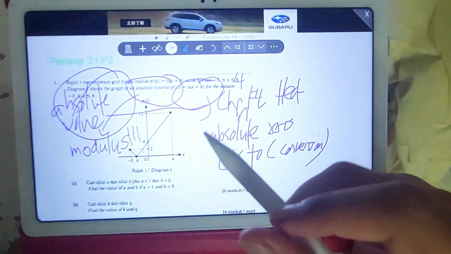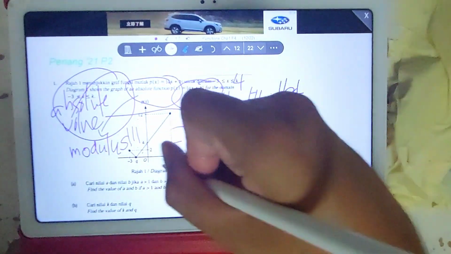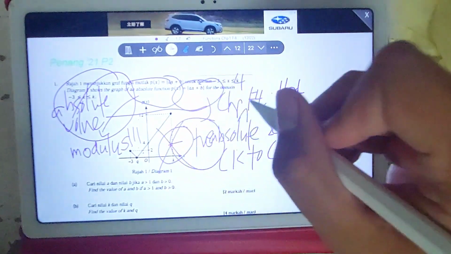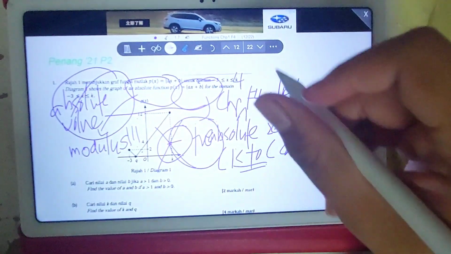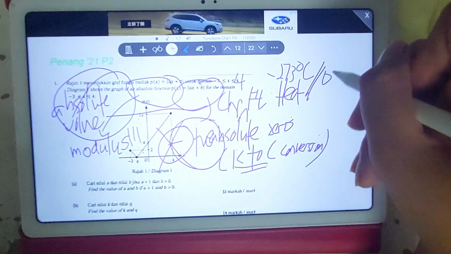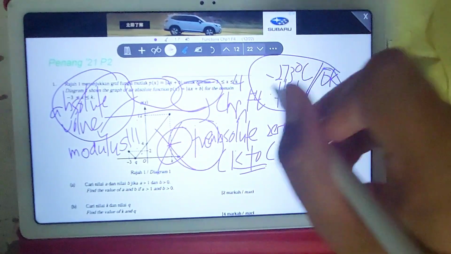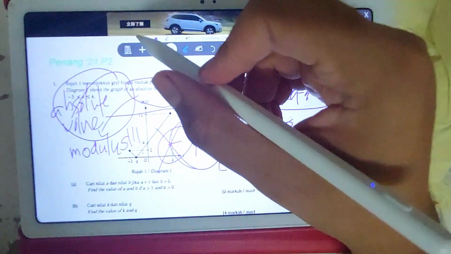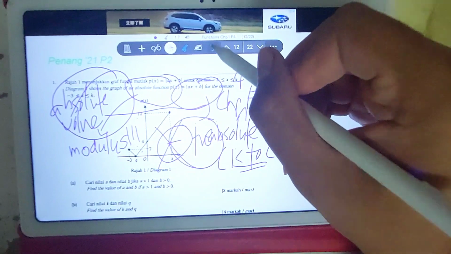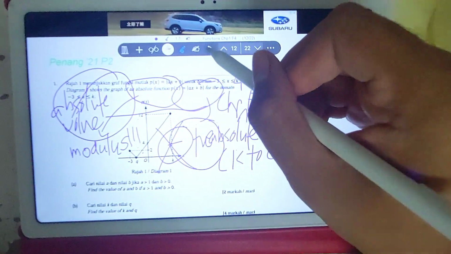They want to know the absolute value, which means they don't care about the negative sign over here, they neglect it, they just want the positives. So that's why they call it absolute zero as well, which is negative 273 degrees Celsius or 0 Kelvin. This is what is known as absolute zero temperature. So yeah, this is just a briefing for you about absolute functions. Let's get back to the question.